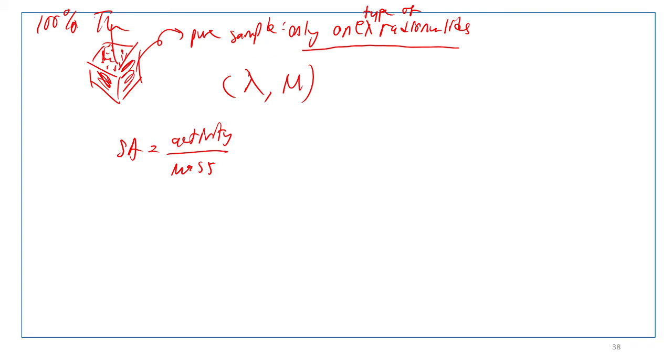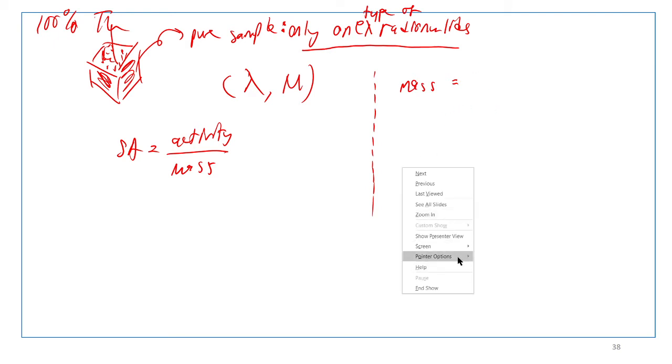I just pick thorium for the example; it could be another nuclide as well. So for mass, let's start with mole.